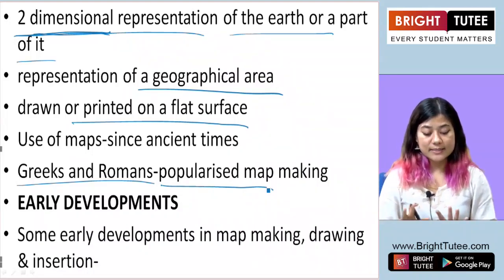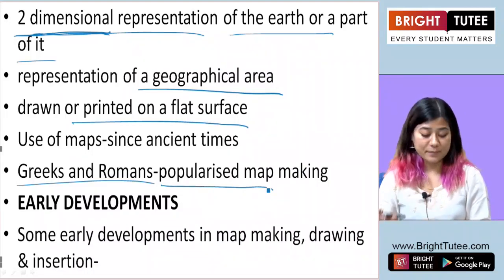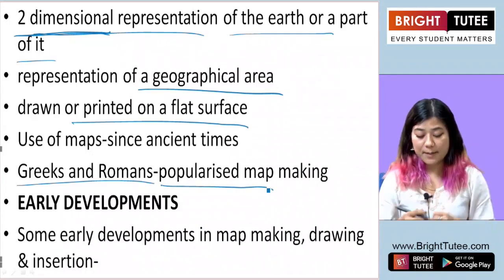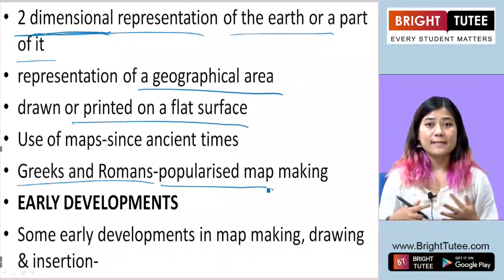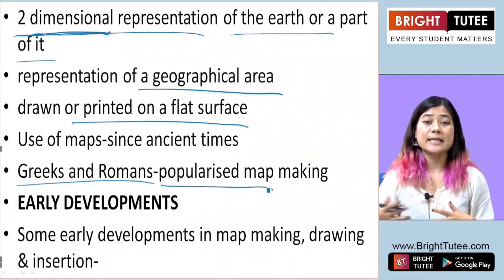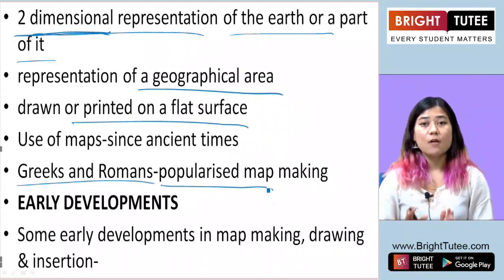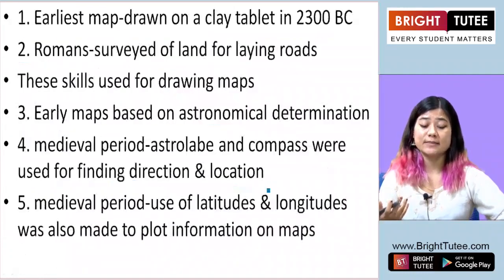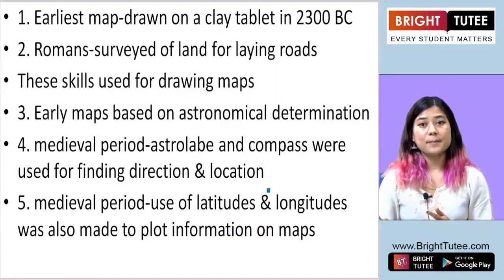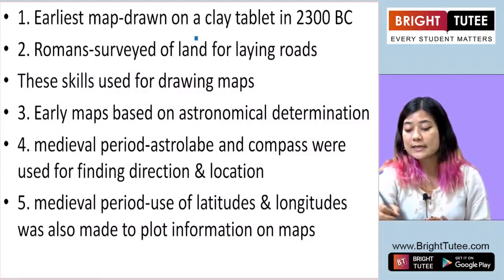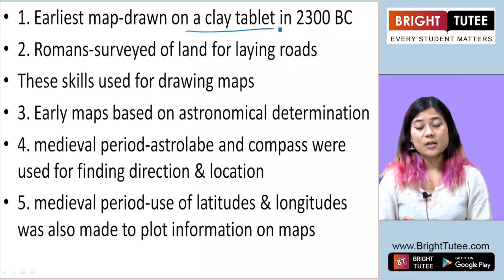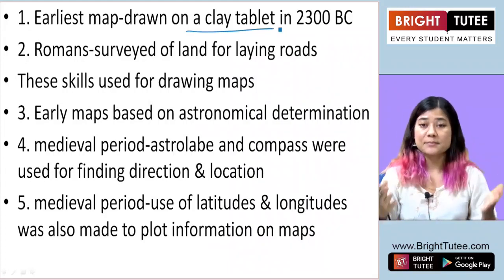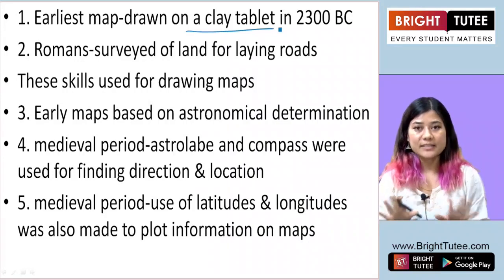Now let us see the early developments of map making. In the ancient period, maps were drawn, and they also became part of daily practice for navigating the sea, for going from one place to another. Now let us see how that process developed. The earliest maps were drawn on a clay tablet. Today we have different gadgets which we call tablets, iPad, Samsung tablet, and other companies' tablets, right?